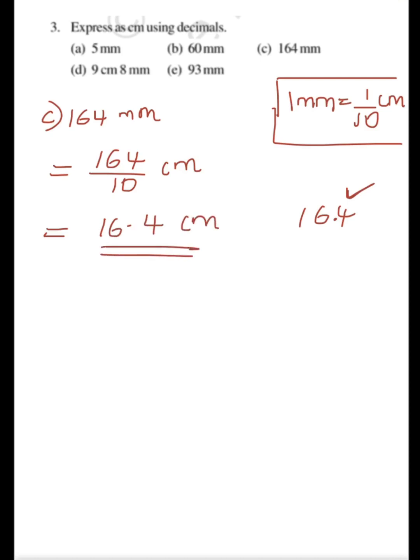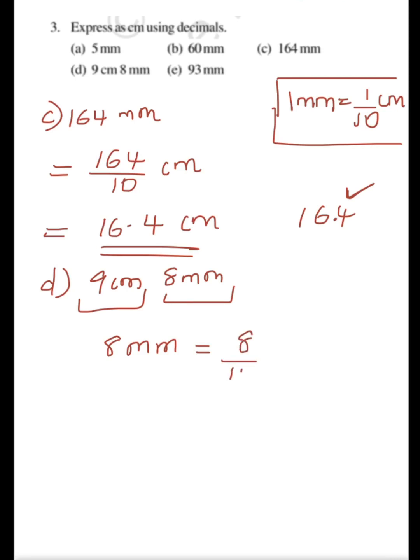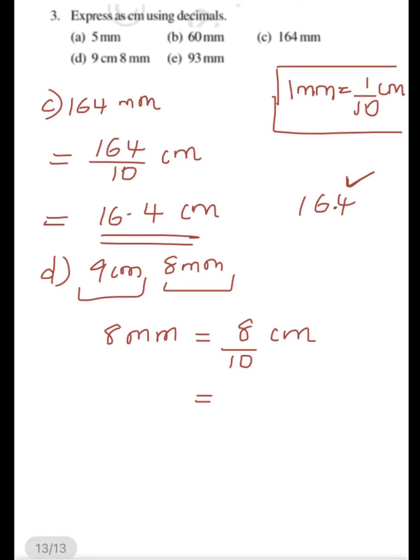Okay. Now let's do D, which is 9 centimeter 8 millimeter. So this is already in centimeter, so no need of converting. Now let's convert only 8 millimeter. In order to convert it into centimeter, you have to divide it with 10. So 8 by 10 centimeter. Now what is 8 by 10? After the decimal point there should be only one number.